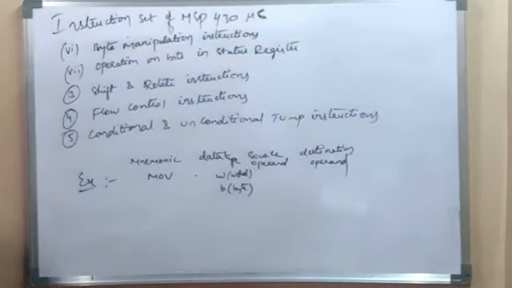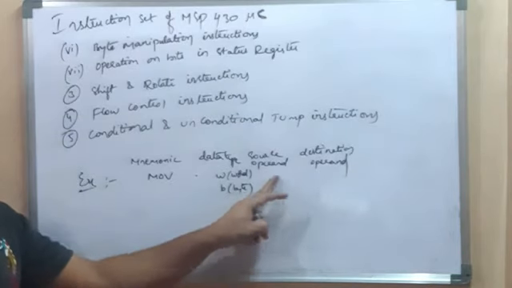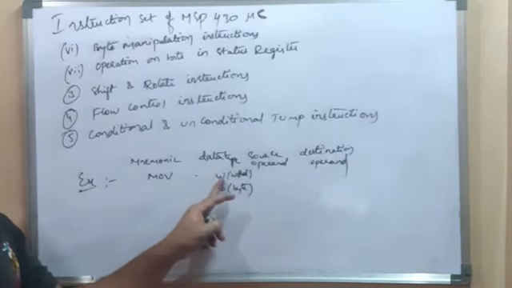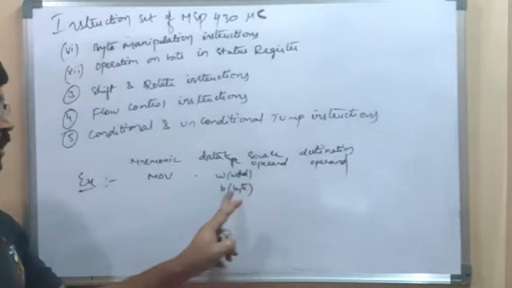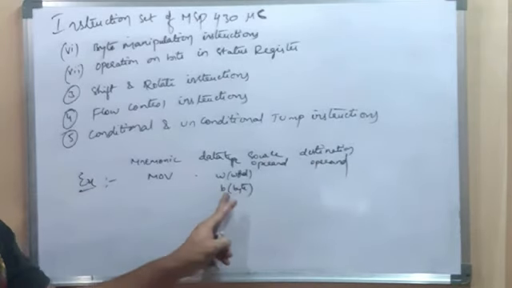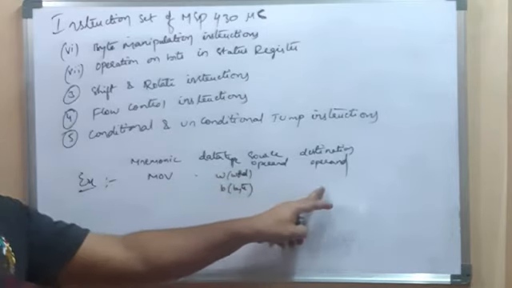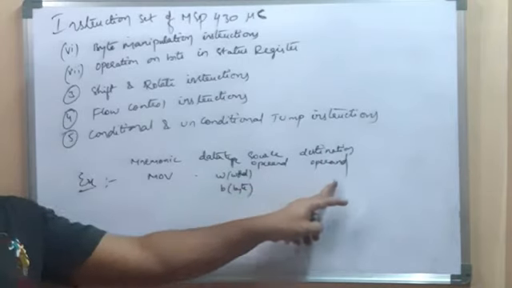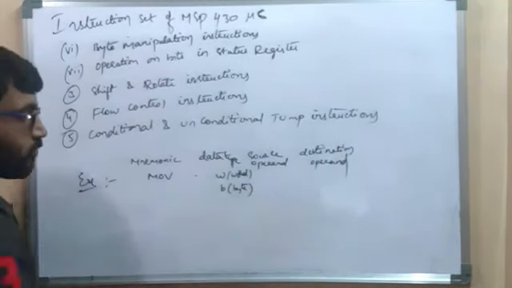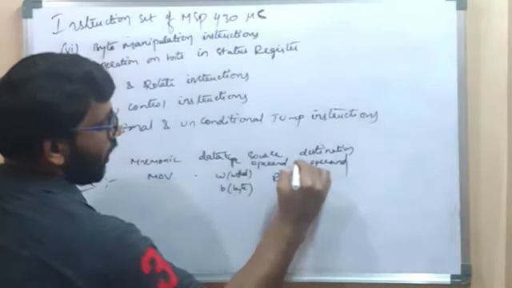If you want to access the source and destination operands as 16-bit data, you have to represent W, because a word is a group of 16 bits. If you want to access 8 bits of data between source and destination operands, you can represent B, byte. That depends on the given data type. Then R4, comma R5.